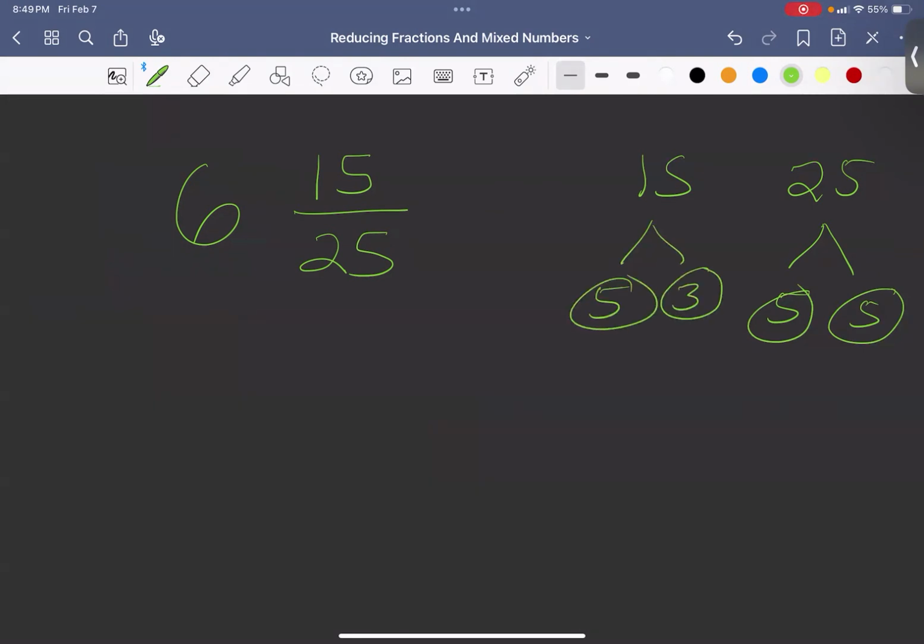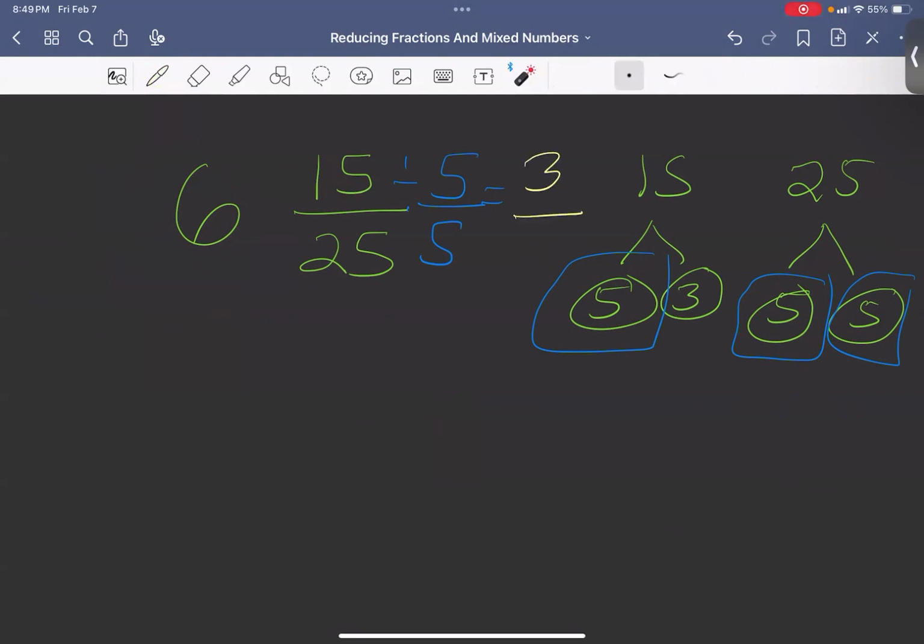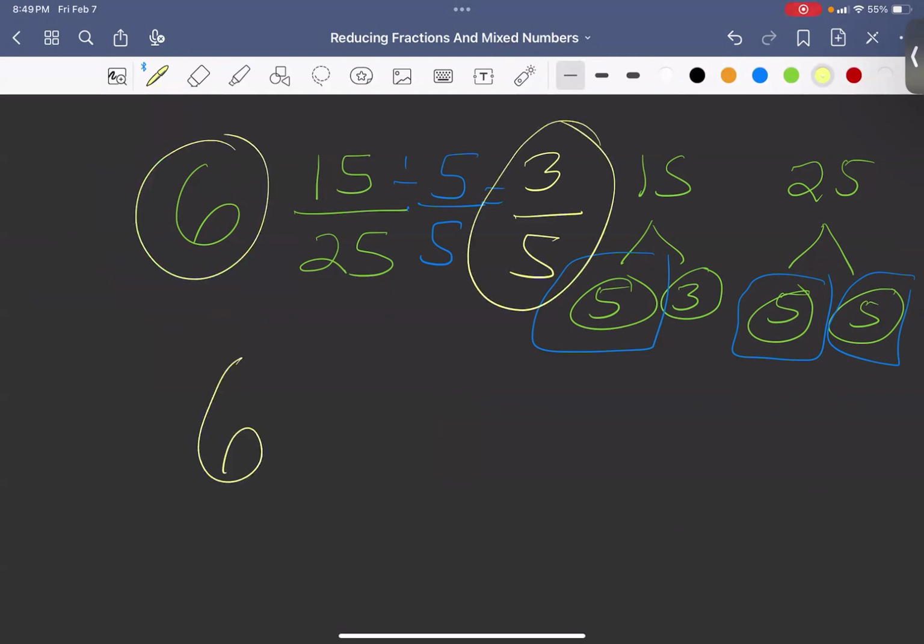So the greatest common factor that they both share is 5. So I'm going to divide both the numerator and denominator by 5. So 15 divided by 5 is 3, and 25 divided by 5 is 5. So we have 6 and 3/5. So our final answer is 6 and 3/5.